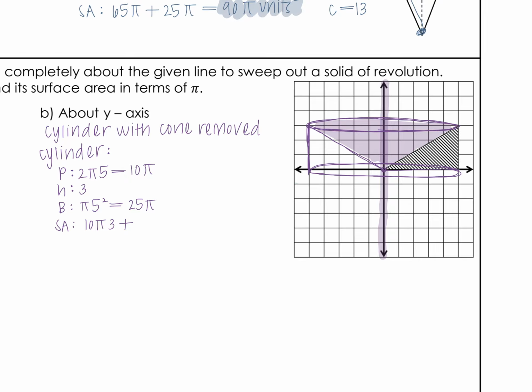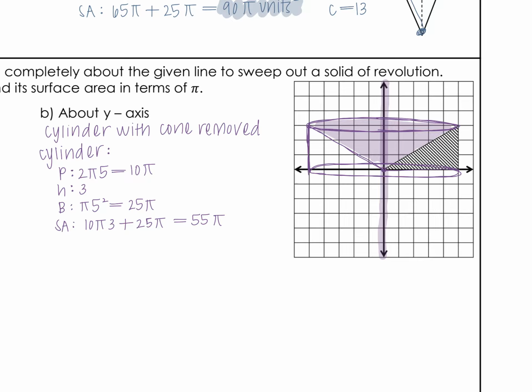I only have the one. So instead of adding 2B, I'm just going to add 1 base. So that's why I have that 25 pi and not 50 pi there. All right, so 10 times 3 gives me 30 pi, plus 25 pi is going to give me 55 pi.